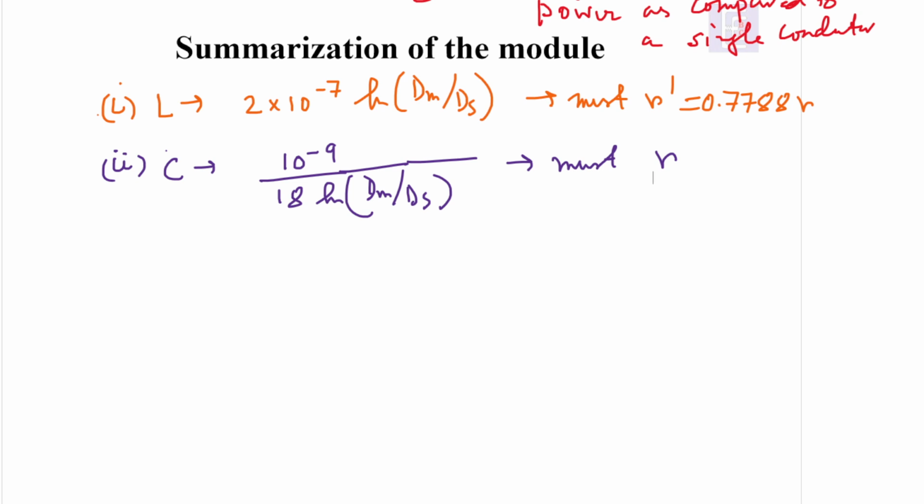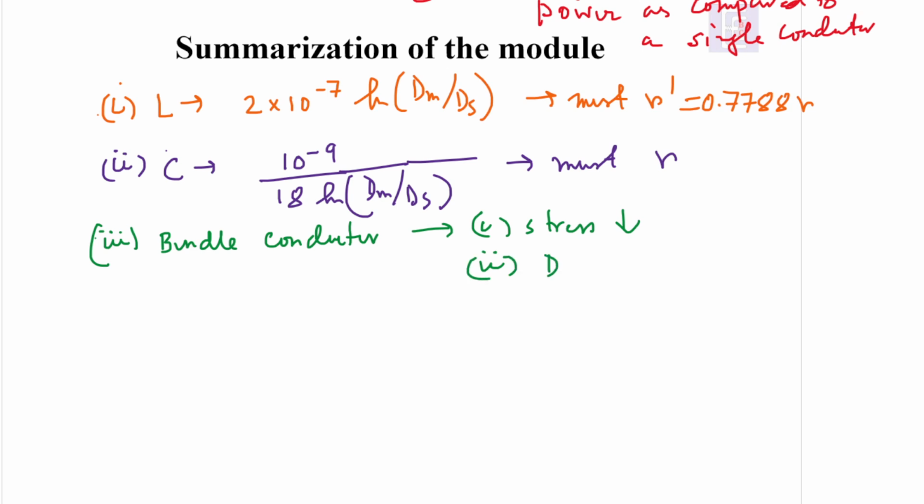Third, we have seen that if we use bundle conductors, it is always advantageous because it will reduce the stress, the effective GMR will increase, and it can handle more power.